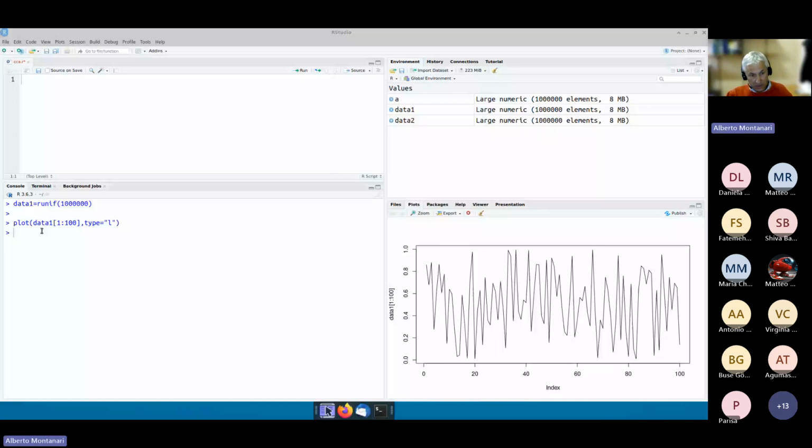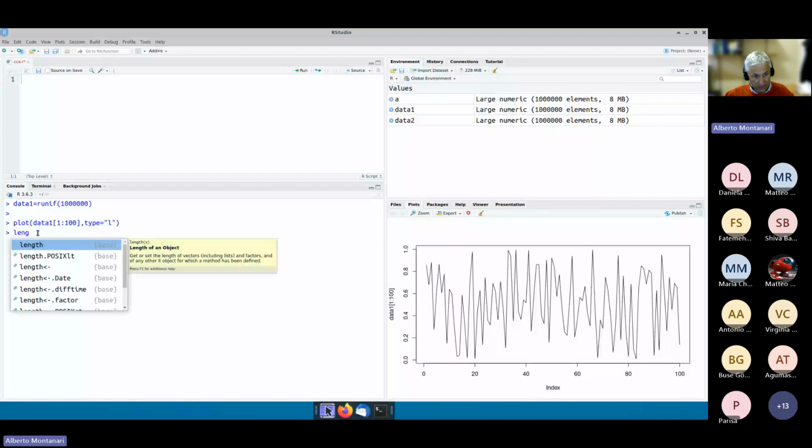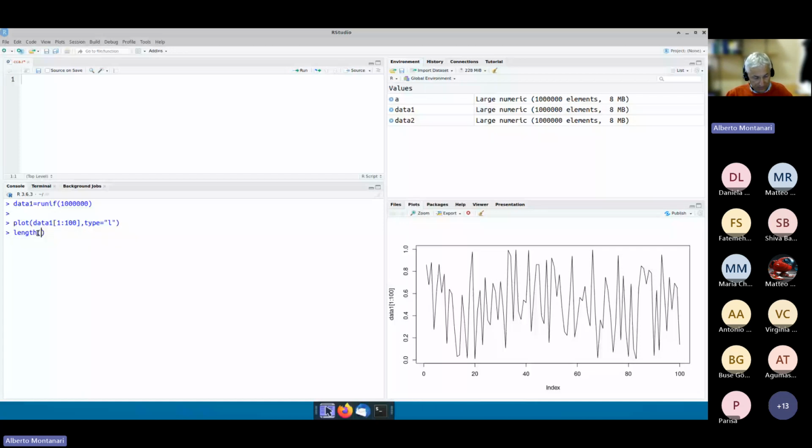I try to estimate the frequency of 0.5 in this vector of real numbers, so let me get the length of data 1 with the condition that data 1 is equal to 0.5. And then I can divide the length of this vector by 1 million. You see, it's 0. So I get no numbers with value of 0.5.